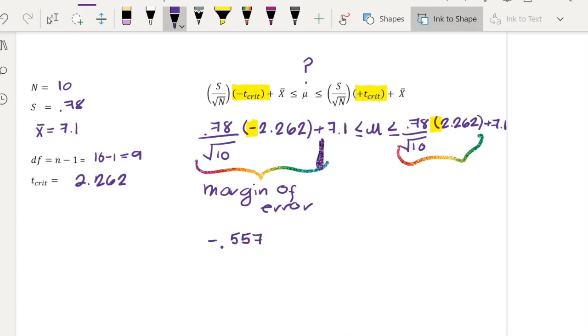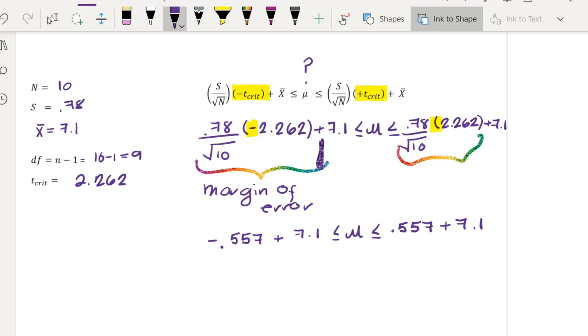And I believe it was negative, plus 7.1, mu, positive 0.557, plus 7.1.